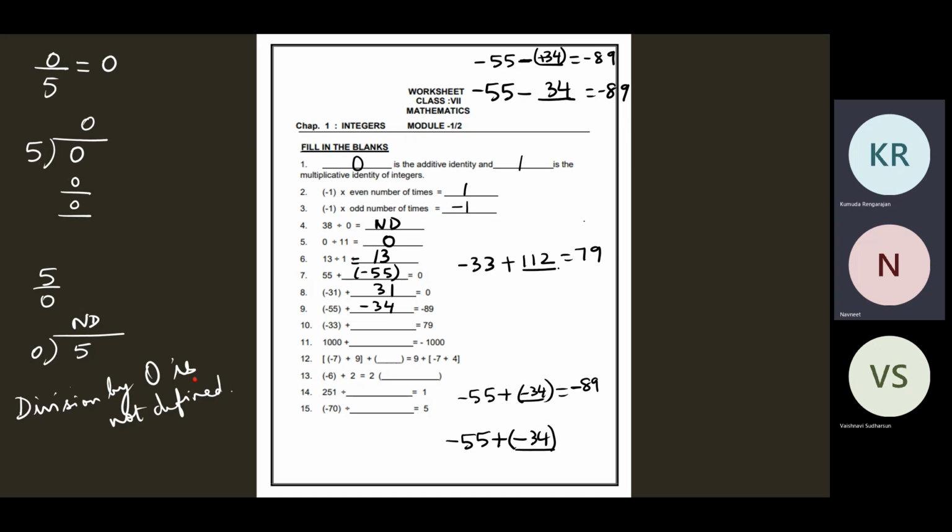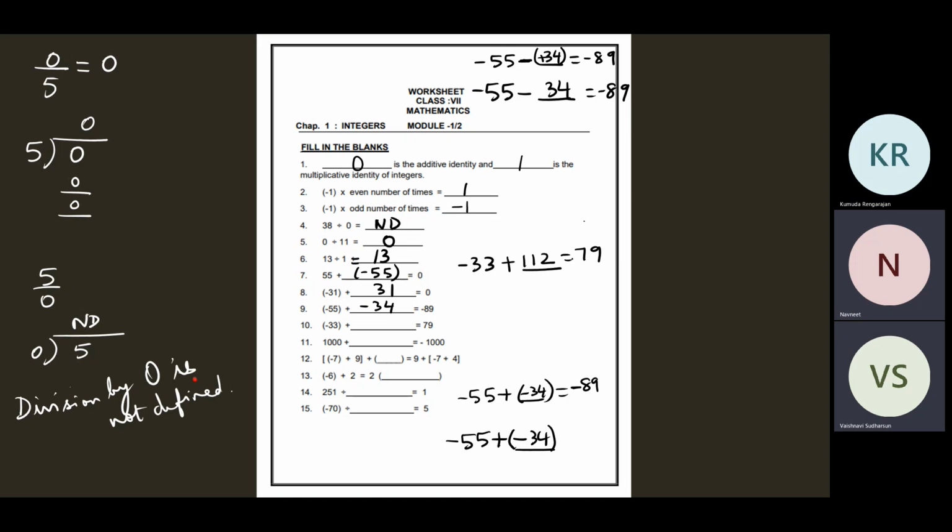Ma'am, I got 46. You got how much? 46. I also got 46, ma'am, but then I noticed that minus 33 plus 46 will not come to 79, ma'am. So I added it, ma'am. He subtracted it, so it will come wrong answer, ma'am. Correct.